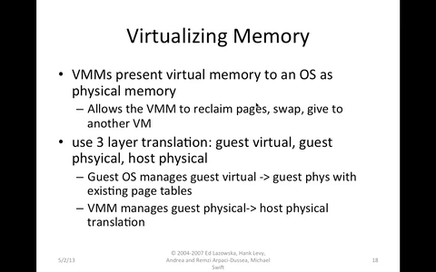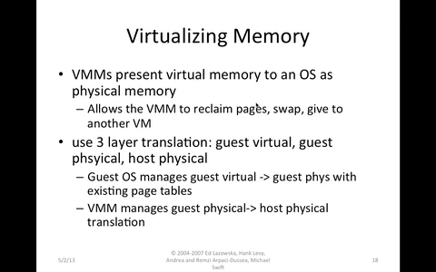The virtual machine then will run multiple processes, and each of these will have their own page table. And these page tables will map the virtual addresses of processes into what the operating system thinks is physical memory, but is not.